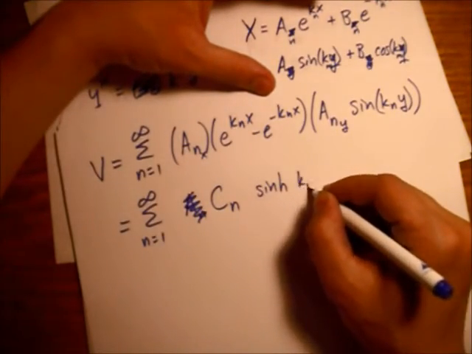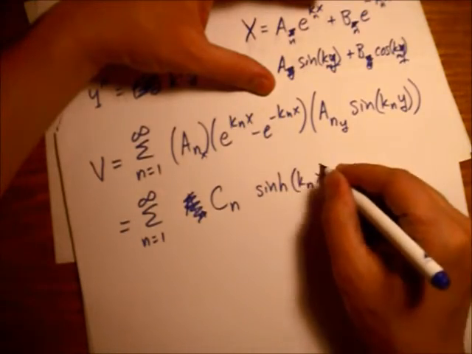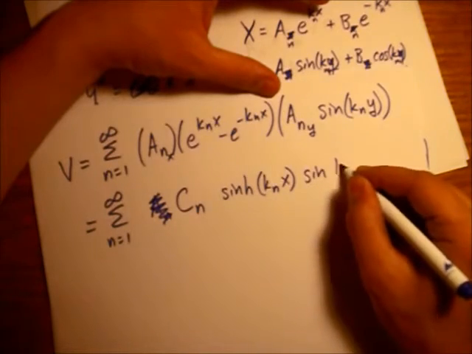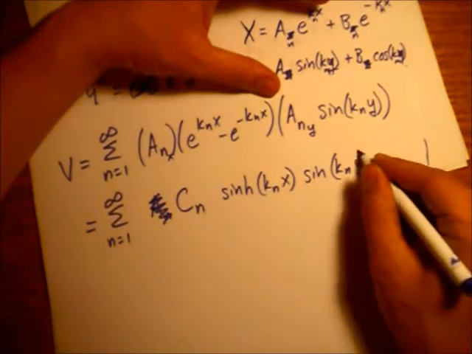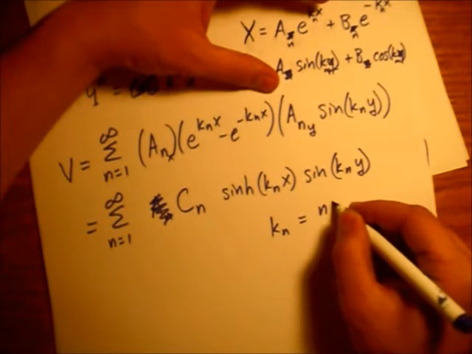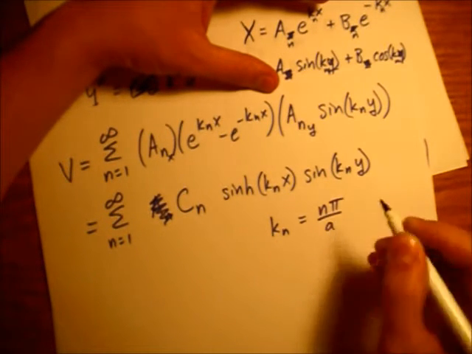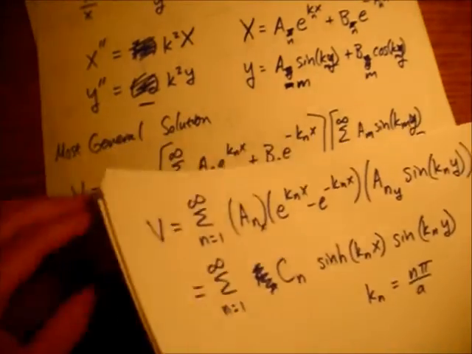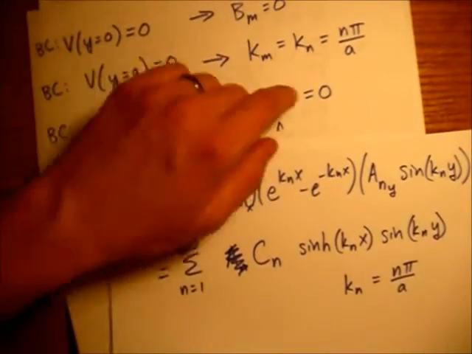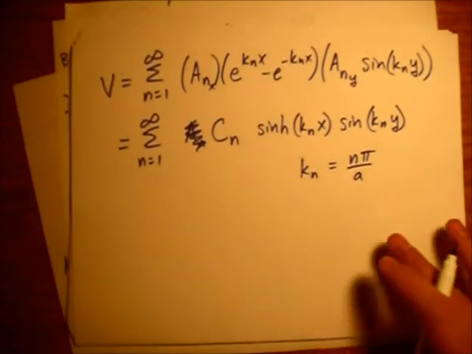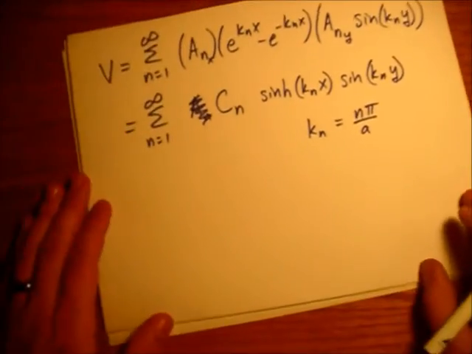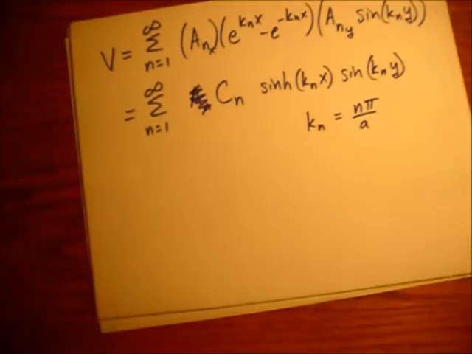We have a k sub n x, and then we have a normal sine, k sub n y. Now remember that we do know what k sub n is. It is equal to n pi over a, which we found from this boundary condition right here. Kind of making a mess of things, but I think we'll still get the answer in the end.